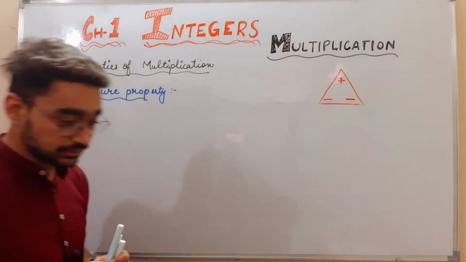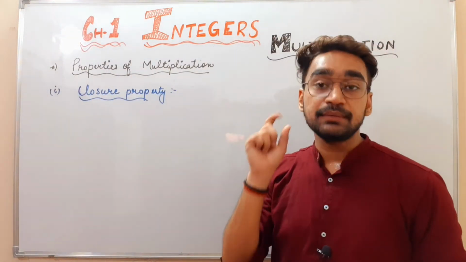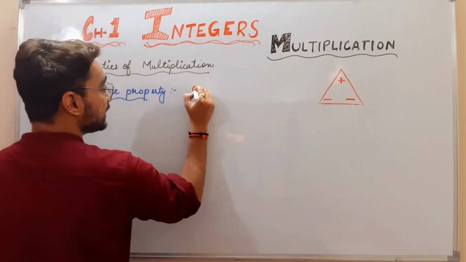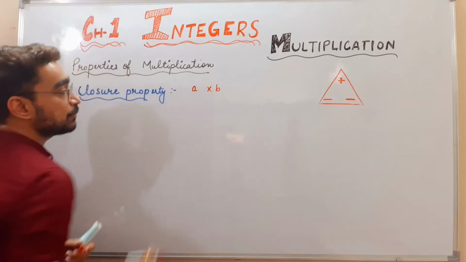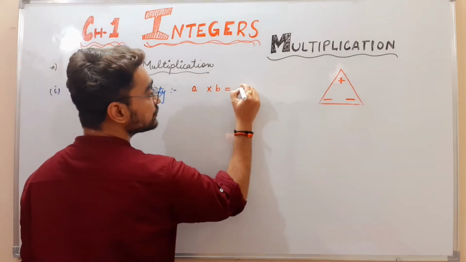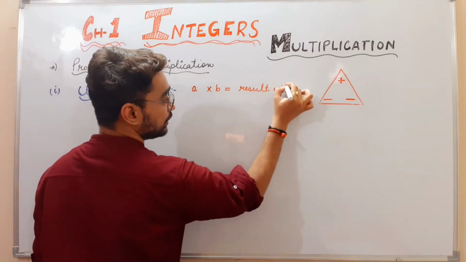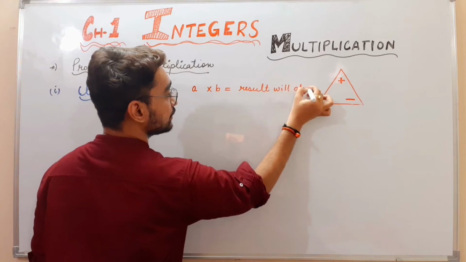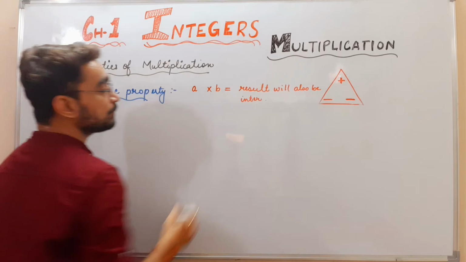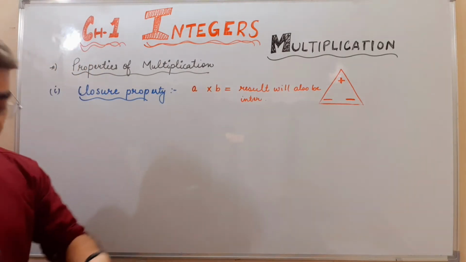This closure property says that if I have two numbers A and B, and both numbers are integers, then the result I am getting will also be an integer. It means the product of two integers is always an integer.